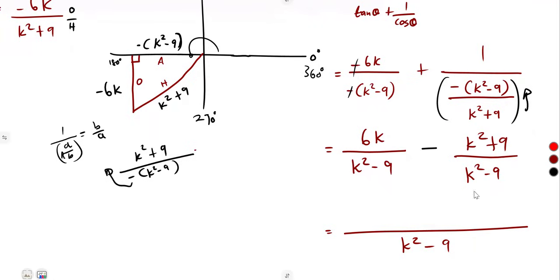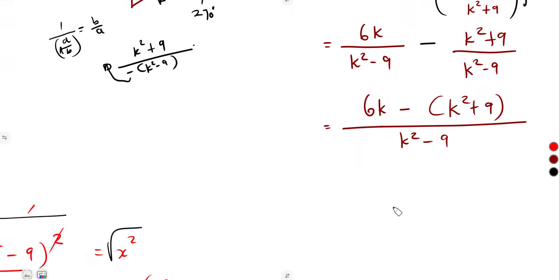So it is going to be 6k minus, take note, the minus is affecting the whole of this expression, k squared plus 9. So you must open a bracket for that so that you can simplify this one further. 6k minus, we're going to affect here negative times k squared.